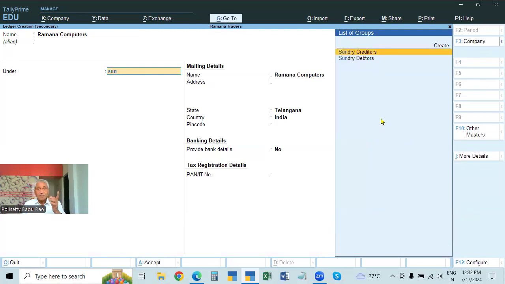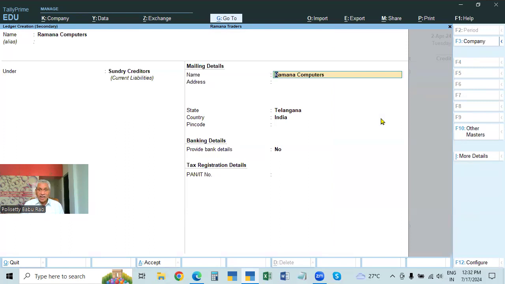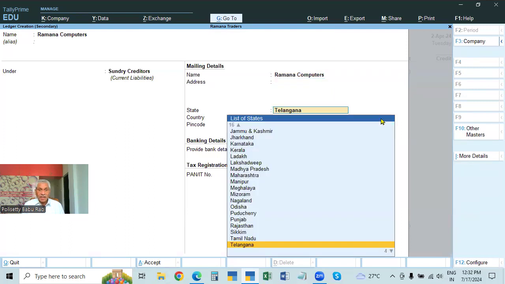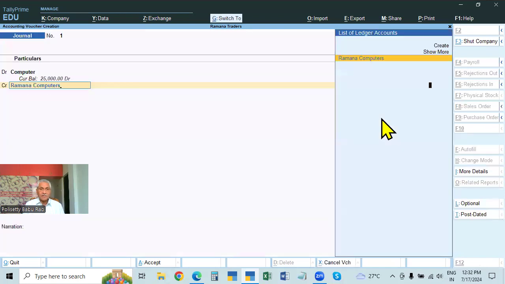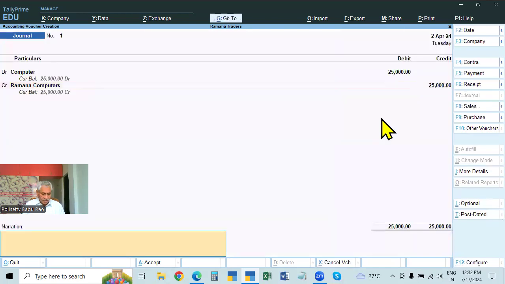Here address, state, and PIN code, this is very important. Accept. So 25,000. Here we type computer purchased. Purchase is enough, or you can write purchase on credit.